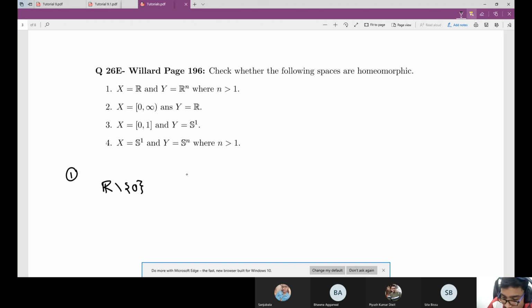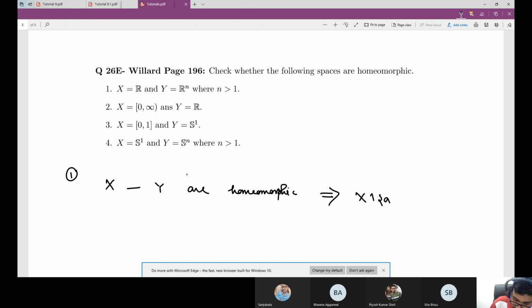Let me tell you. You had a problem in your minor exam, right? If X and Y are homeomorphic, then X minus A and Y minus f(A) are homeomorphic.